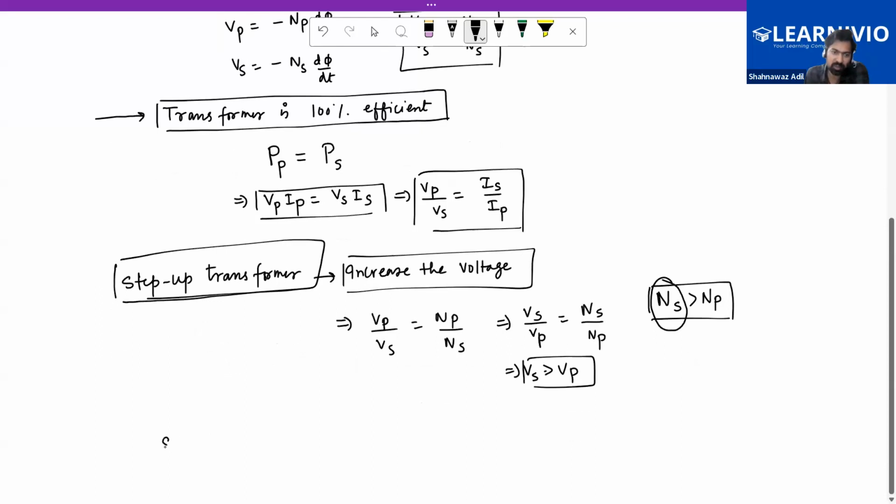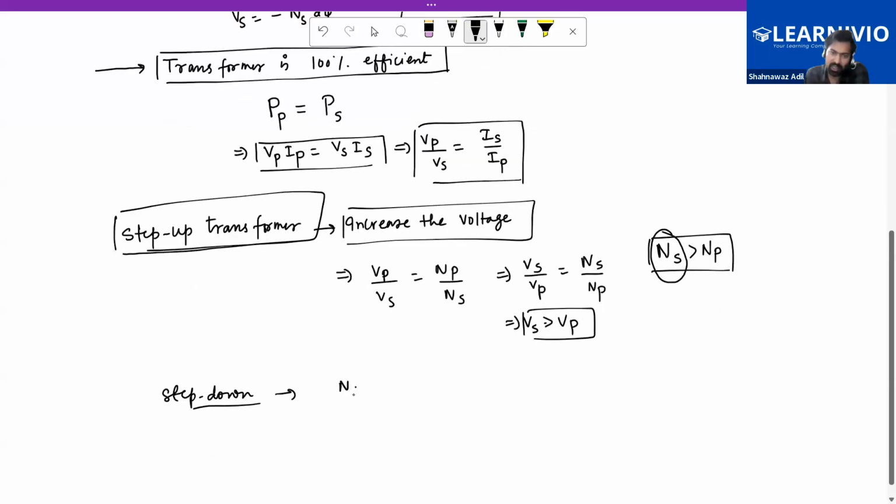Step down is the opposite, and in this case, Ns is less than Np. So we have Vs less than Vp. The voltage is decreased, and this is what you use, let's say, with a power station. The power station generates the voltage, and then on the streets you will see these transformers.